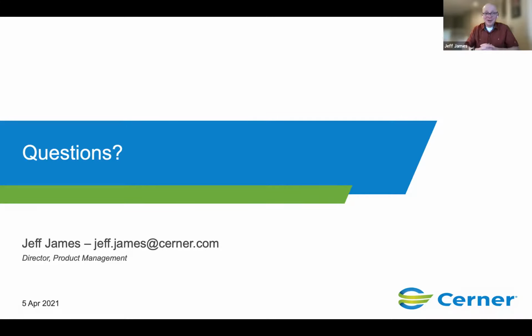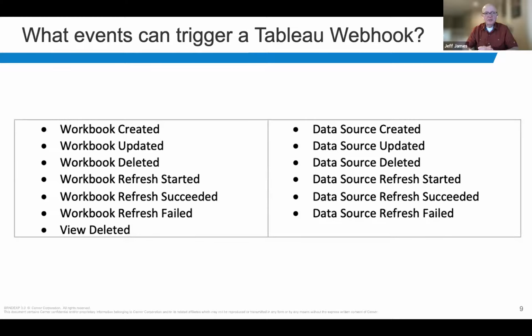That can be used to trigger schedules and things like that. So you could trigger a schedule, or you could trigger a subscription based on one of these things succeeding. So rather than being a data-driven alert that said it reached some value or a specific time-based alert, you could have something that said, hey, this data source refresh succeeded, so send it out now.